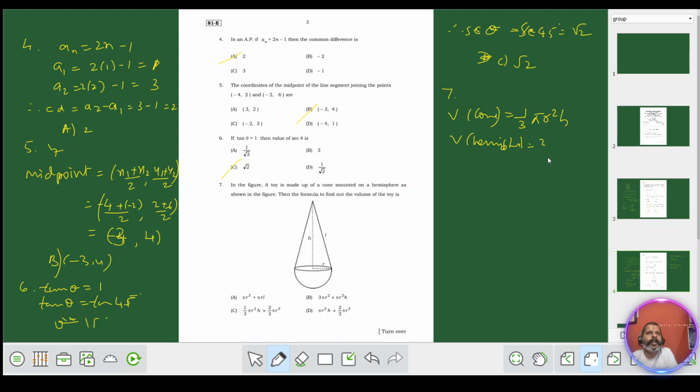Total solid, you add them, because it is a combination of solids. So the answer is C here, that is 1 by 3 pi r square h plus 2 by 3 pi r cube. Okay, let's move to the next question.